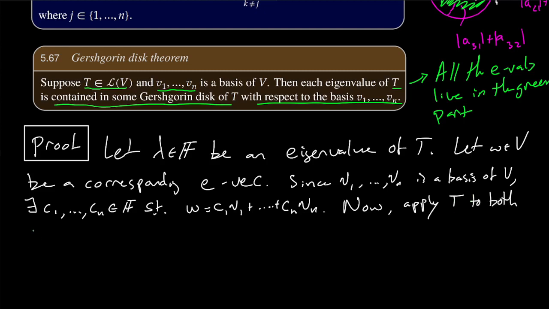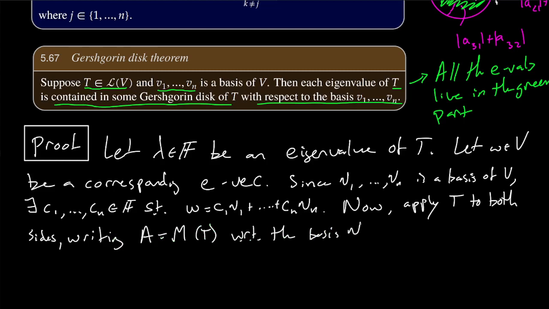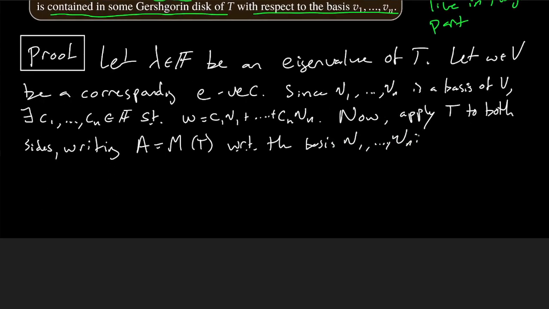Now apply T to both sides. And just for convenience, writing A for the matrix of T with respect to the basis V1 through Vn. Okay, let's write it out. And I'll do this kind of in a silly way.